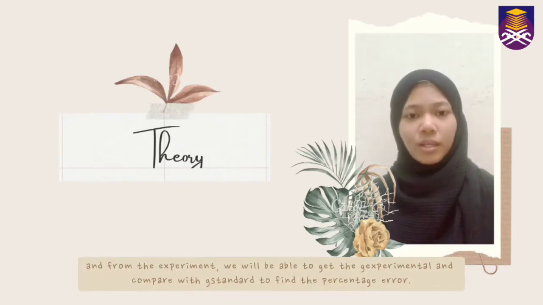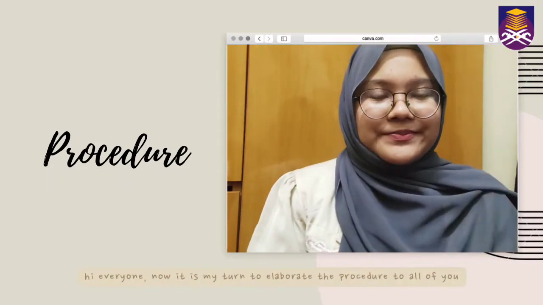And from the experiment, we will be able to get G experimental, compare G experimental with G standard, and find the percentage error.